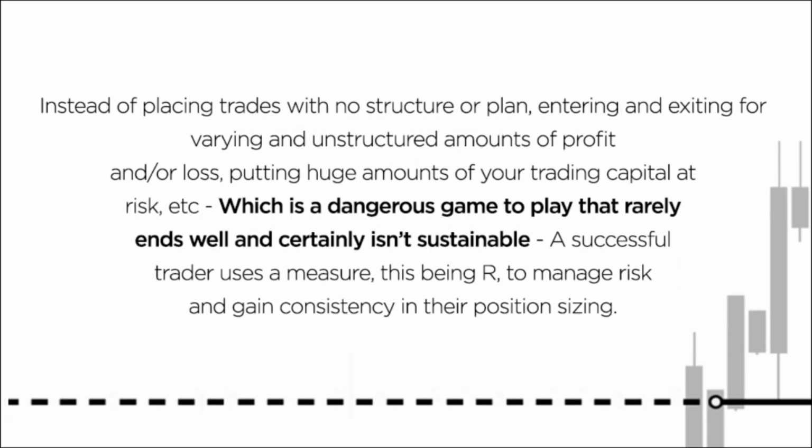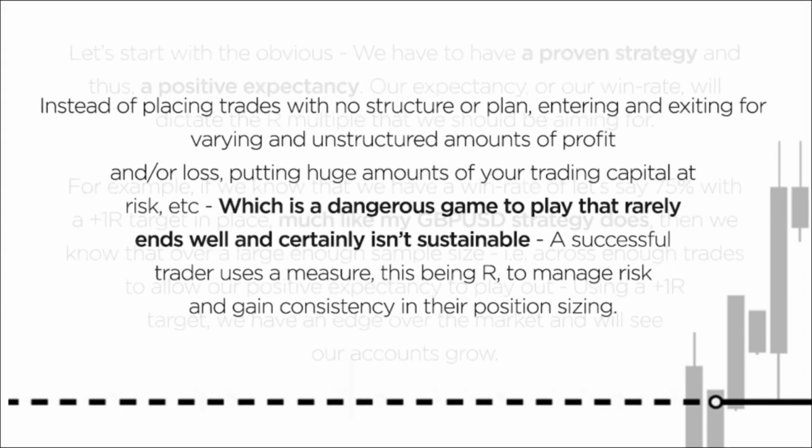So instead of placing trades with no structure or plan, entering and exiting for varying and unstructured amounts of profit and/or loss, putting huge amounts of your trading capital at risk, etc., which, as we all know, is a very dangerous game to play that rarely ends well and certainly isn't sustainable, a successful trader uses a measure, this being R, to manage risk and gain consistency in their position sizing.